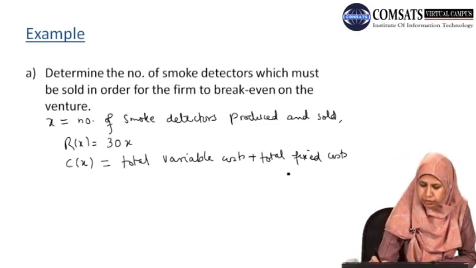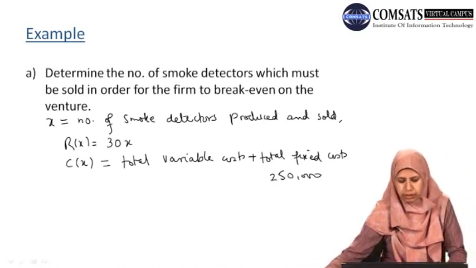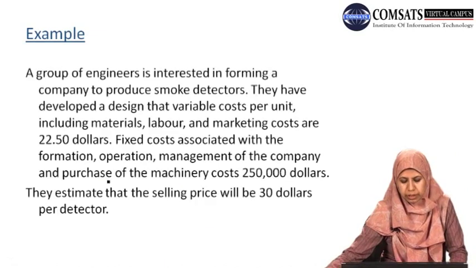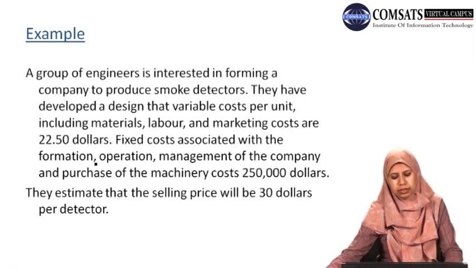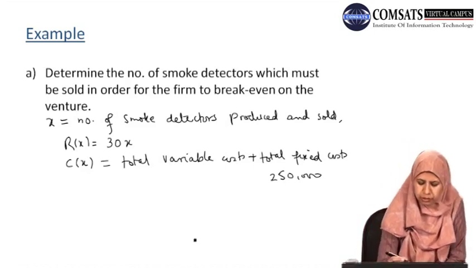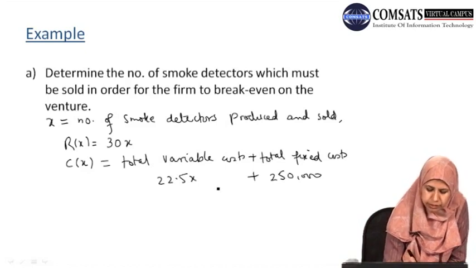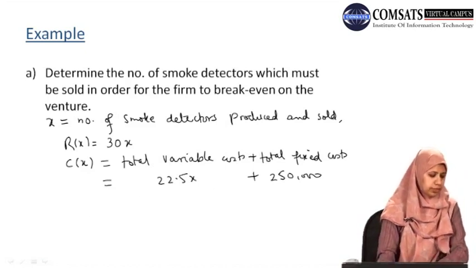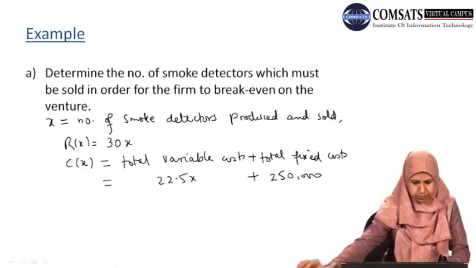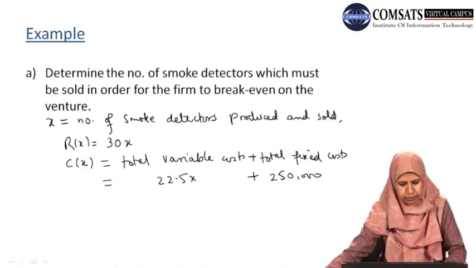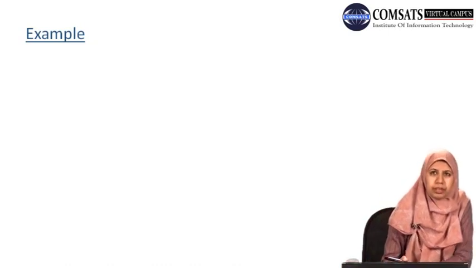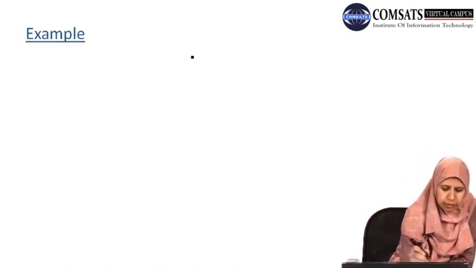So our total fixed cost is $250,000, and our variable cost per unit, including material, labor, and marketing cost, are $22.5. So our cost function is 22.5x plus our total fixed cost. Okay, and we have to find our break-even point.